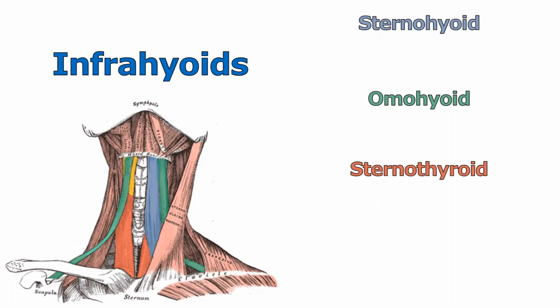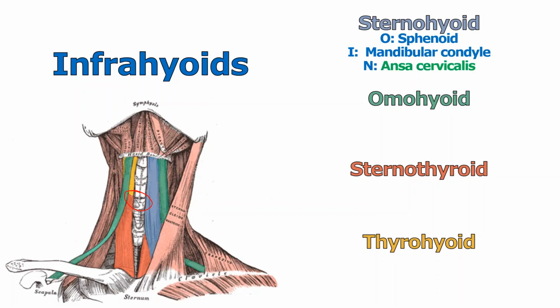Sternothyroid should attach to the sternum and the thyroid cartilage, which is in the throat right about here where I'm just drawing a circle, and the thyrohyoid going from the thyroid cartilage to the hyoid bone.